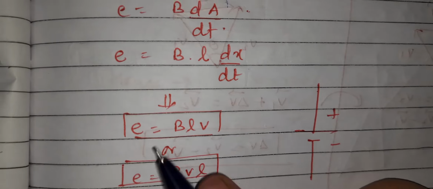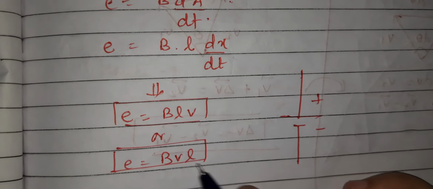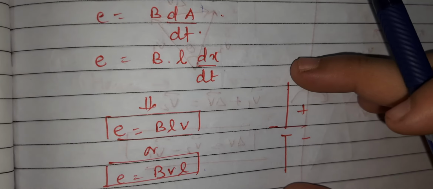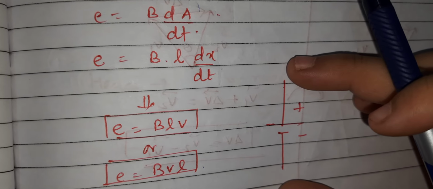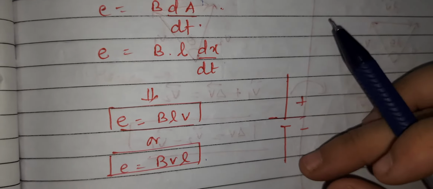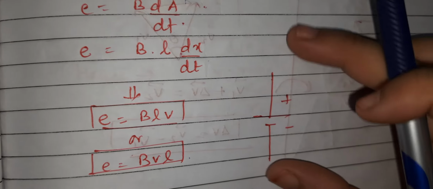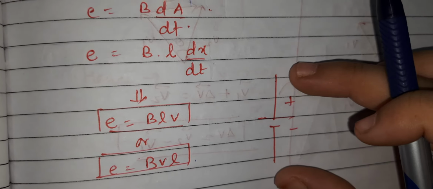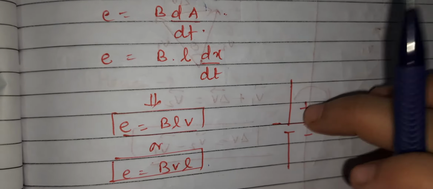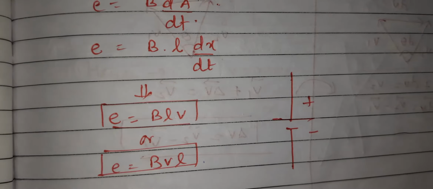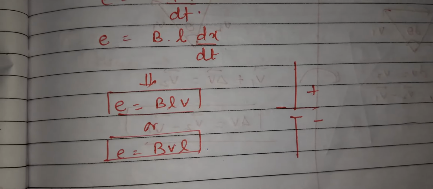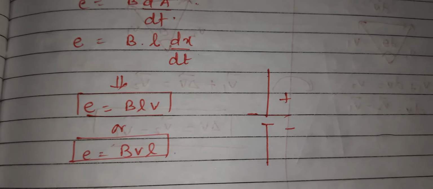It can be written as BLV or BVL. After the EMF has been induced, since there is a change in polarity, we can say the conductor will behave like a battery in this case, having a higher potential and a lower potential.